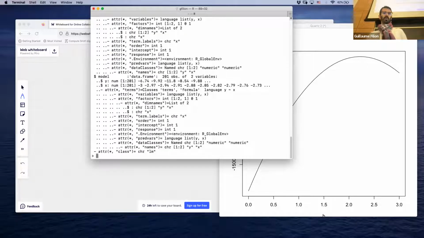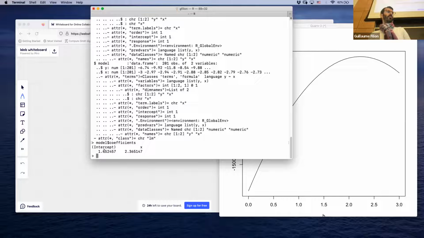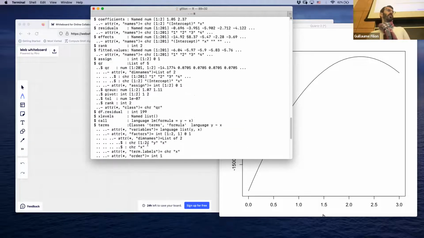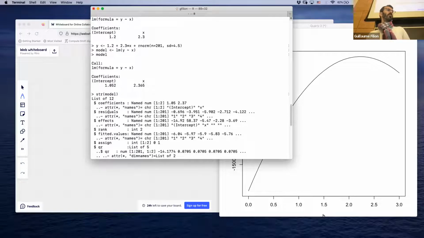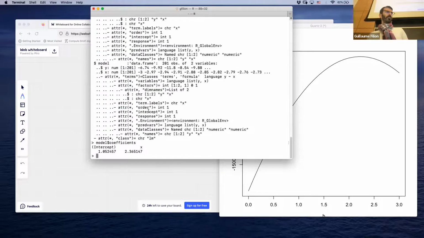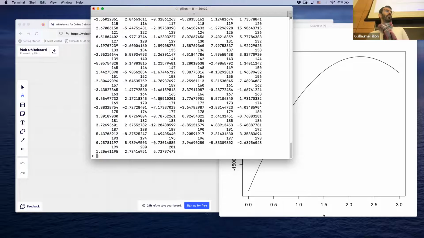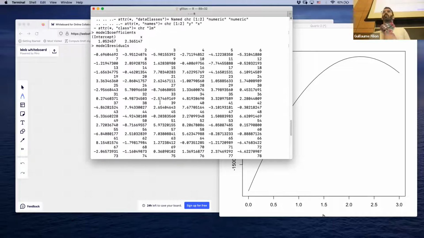That's the one that we just looked at. So that's the intercept here, and the one that's called the name of the variable in x in that case. So coefficients, we just saw them. Residuals, what is it? The residuals are the vertical differences between the line and the actual data.